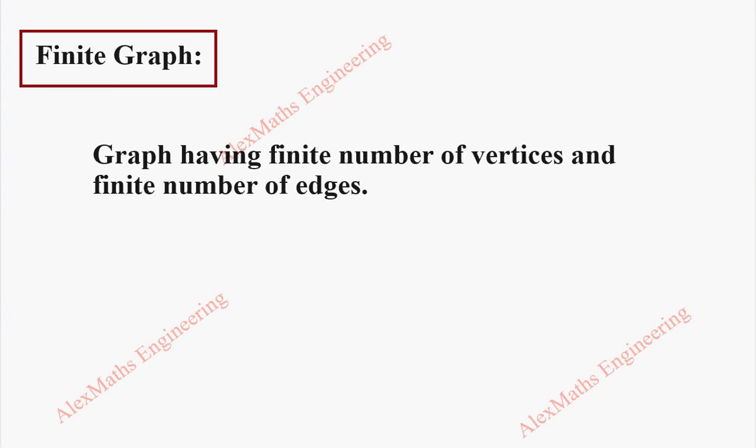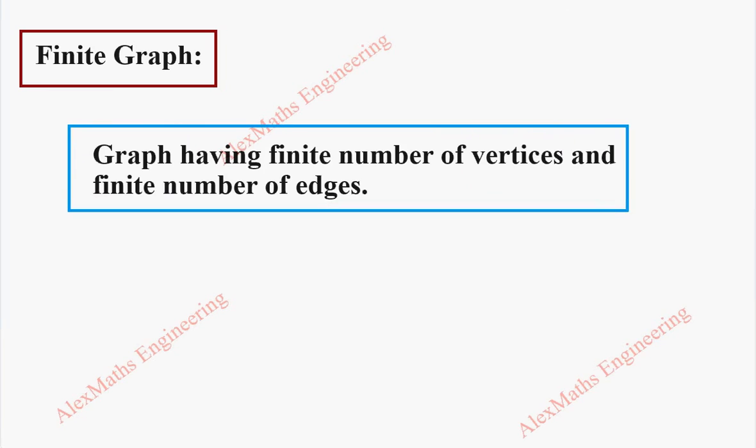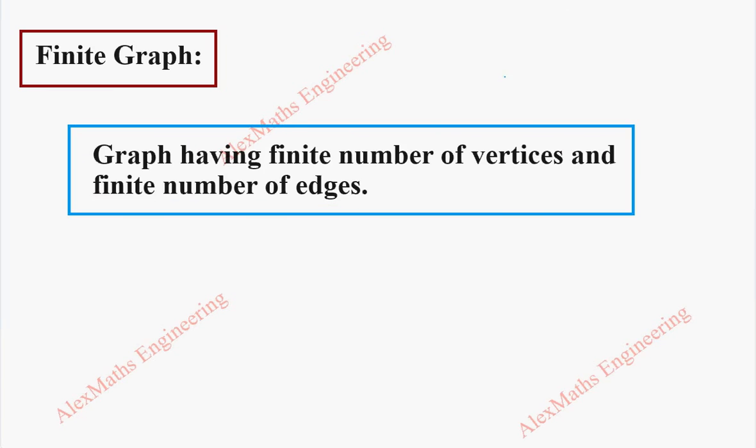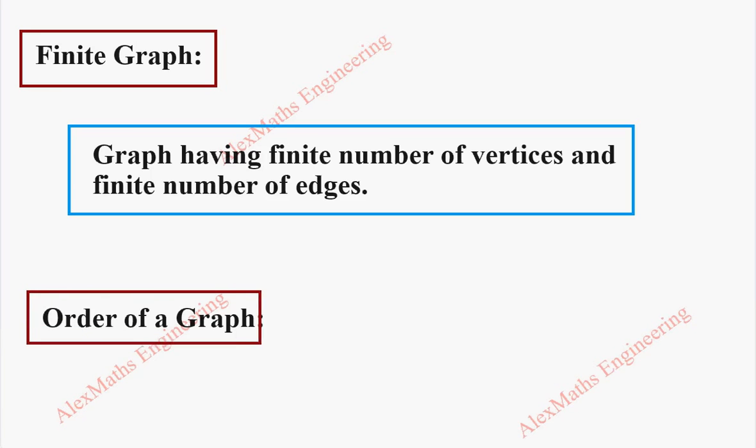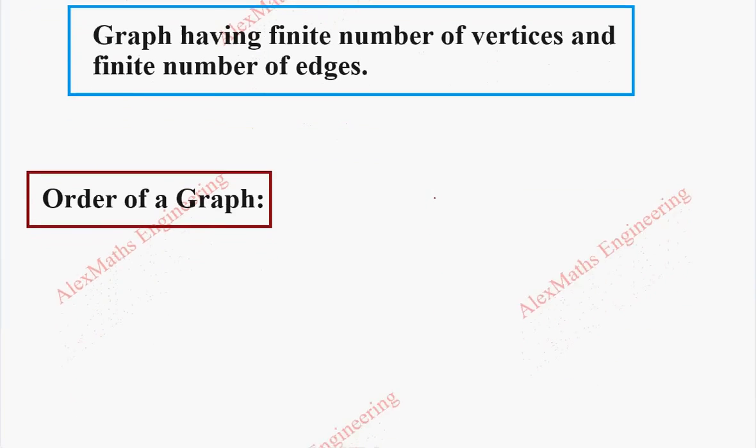A graph which has a finite number of vertices and a finite number of edges is known as a finite graph. Now let's see some basic terms of a graph, starting with the order of a graph. A graph consists of vertices and edges.